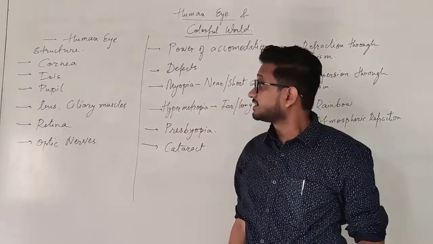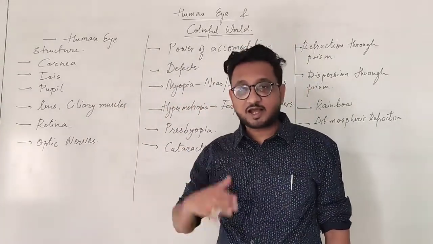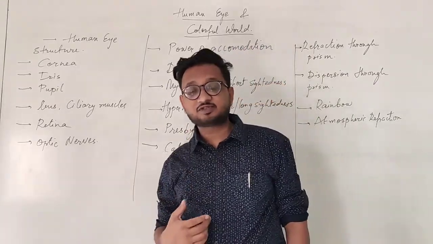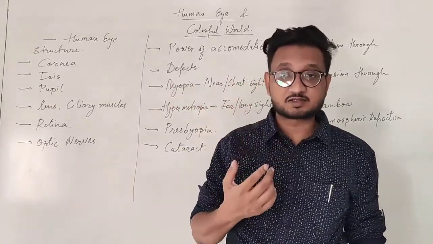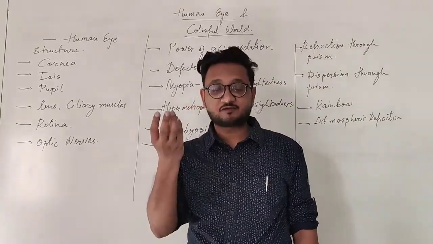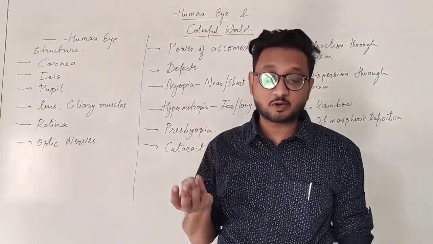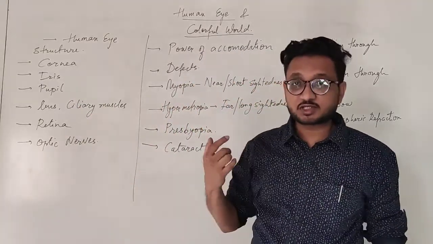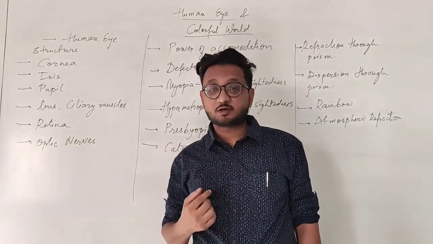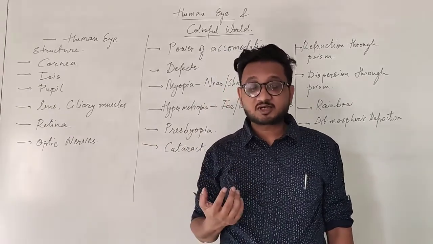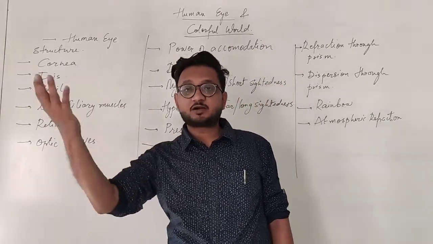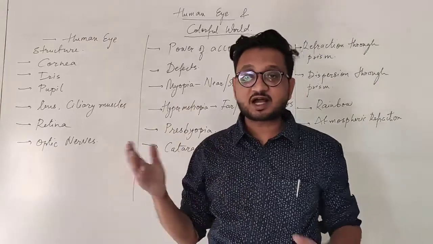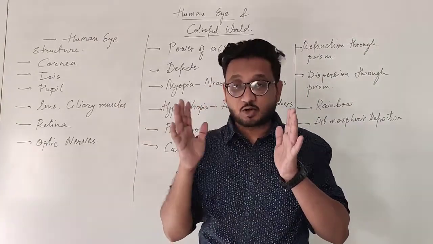Okay. The next is iris. Iris is the part of the eye which gives our eyes their colors. Many of us have black colored eyes, some have green or blue colored eyes and brown colored eyes. Okay, that is given by iris. It is a muscular structure in the center of which is a hole. Okay, and why is this a muscular structure? Because depending on the amount of light, this iris expands and contracts.